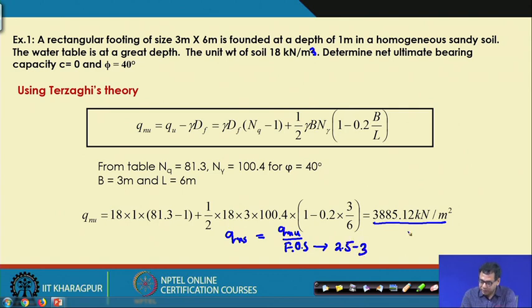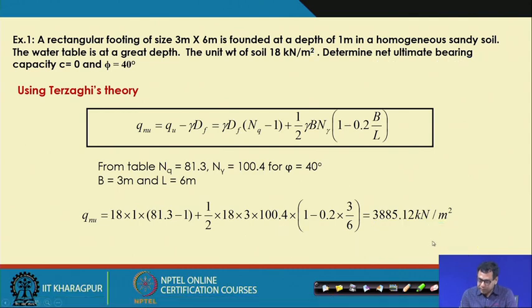Here the factor of safety is not used because we want the net ultimate bearing capacity. If it is the safe net bearing capacity, then you apply a factor of safety of 2.5 or 3 to 3885.12, whichever you are using.